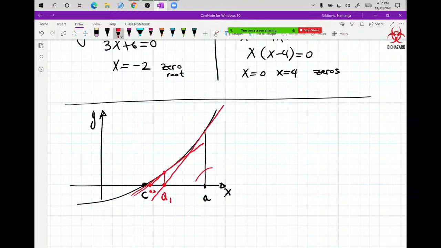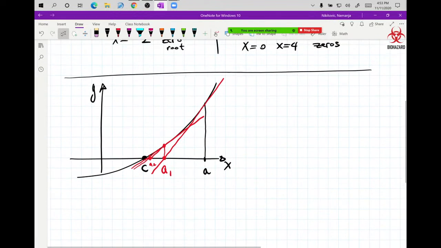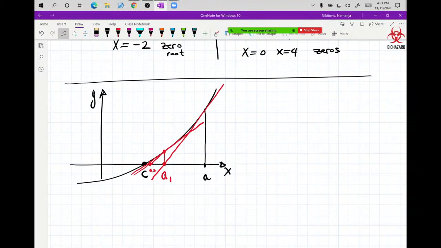We started all the way here, but then the tangent lines brought that a into a1, a2, a3, a4. So if you go far enough, that a gets very close to c. It doesn't become c, but it's close enough to like 5 decimals, 10 decimals, depends on how far you go with your calculations.